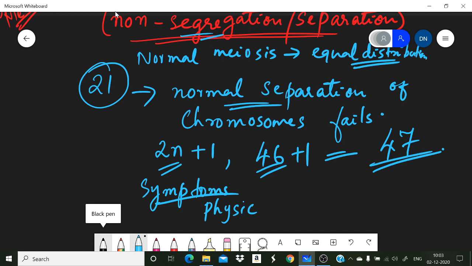Some symptoms discussed here are severe physical and psychomotor retardation, that is, mental retardation.